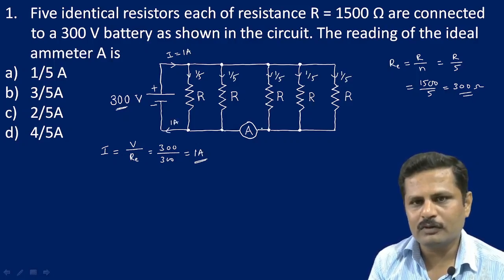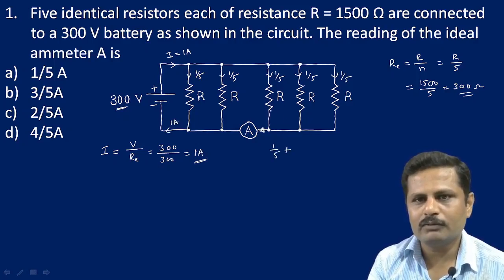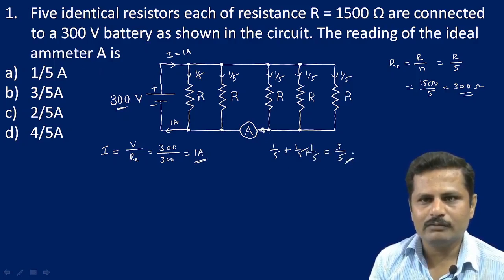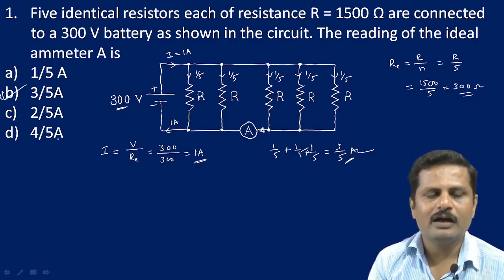So through this ammeter, how much current is flowing? 1 by 5 plus 1 by 5 plus 1 by 5, through these three resistances. The total current through this ideal ammeter is 3 by 5. So the reading of the ideal ammeter will be 3 by 5 ampere. So option B is the right answer.